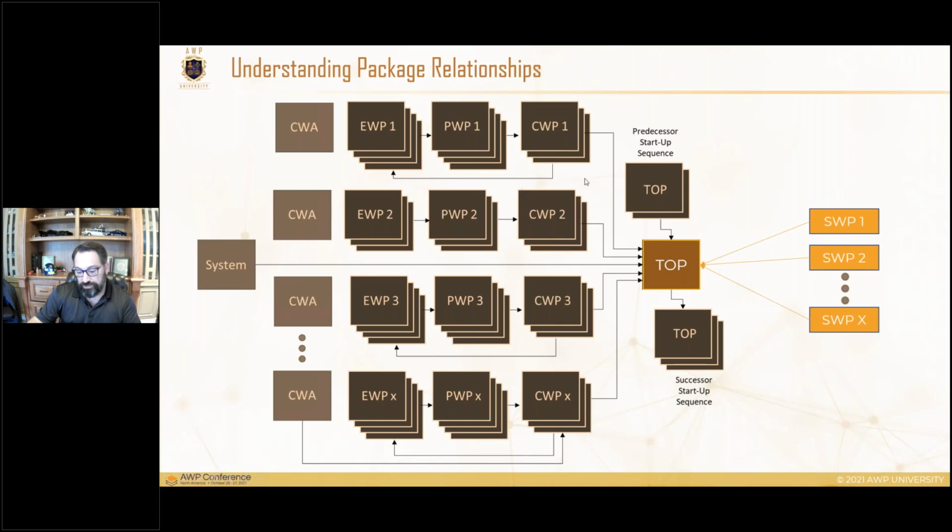During identification and scoping, this is going to be our flow of information. So what turnover package affects what? So our turnover and sequence plan. What SWPs affect and are tied to that turnover package. And then all of the different CWA breakdowns to CWP, as well as their affected EWPs and PWPs, loading into that turnover package as part of our initial scoping.